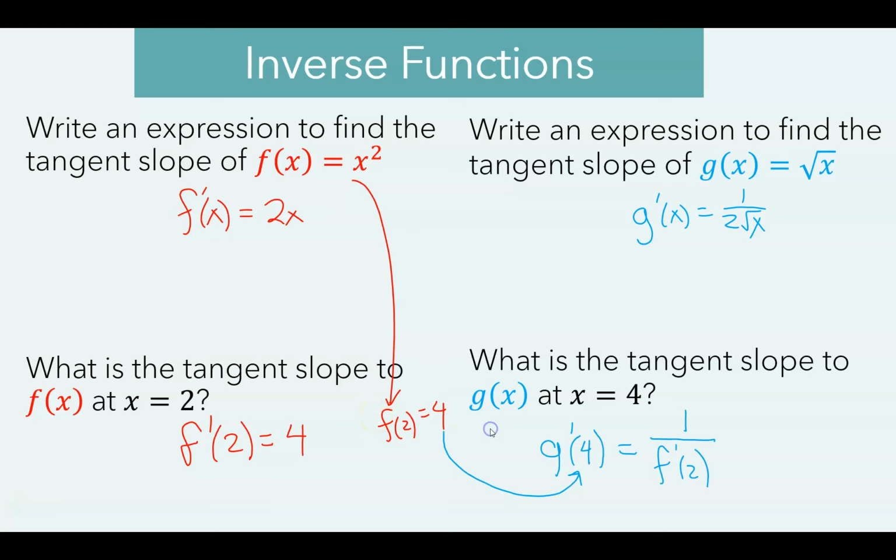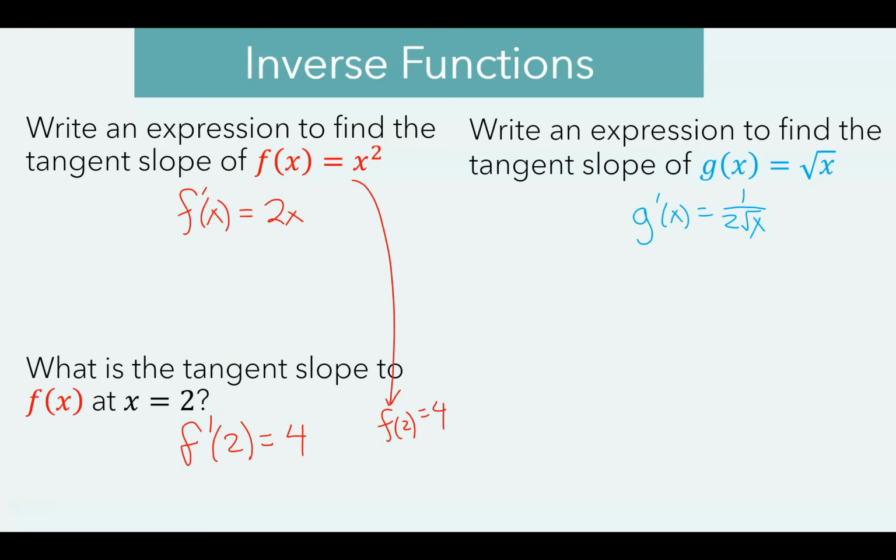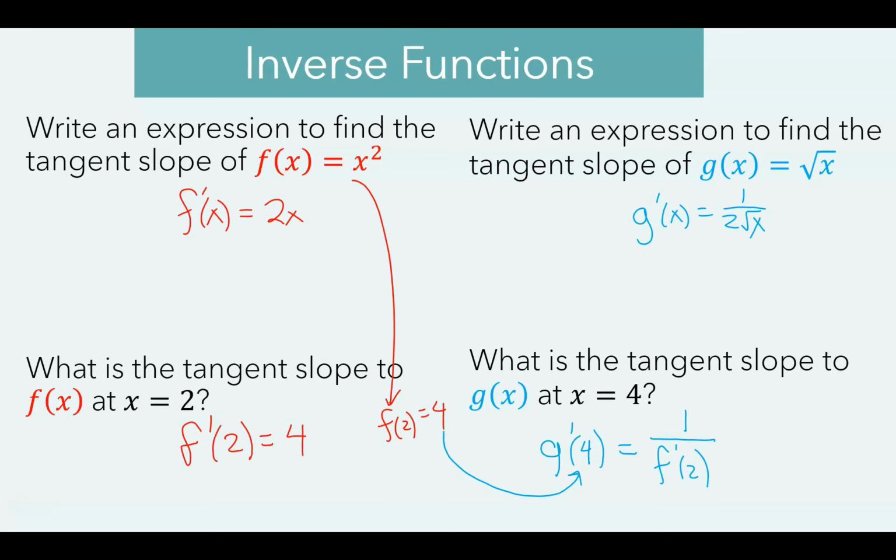Why? Well, g prime of 4 is 1 over f prime of 2. That's this idea we had here. Right? So maybe explain a little bit more. F of 2 is 4. G of 4 is 2. Hopefully you feel like squaring and the square root are inverse functions, and they're perfect inverses for positive inputs.